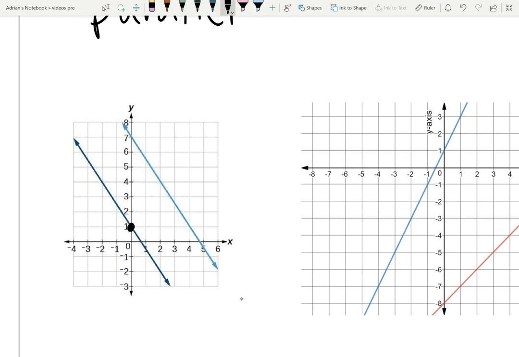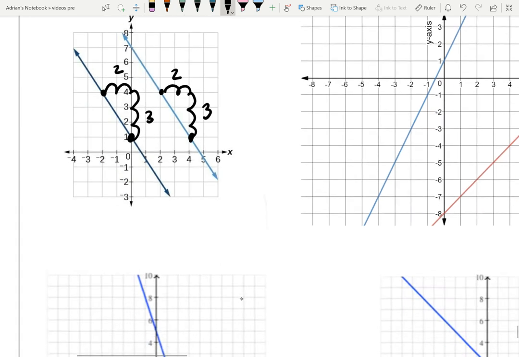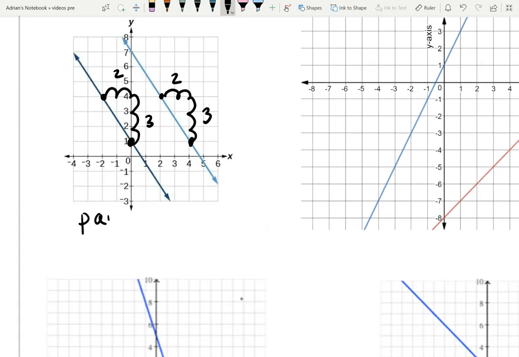I'm going to make some points, and I just want to see if they are actually parallel. So the slope of this one is up 1, 2, 3 over 2. And then I'll find some points on this one, 3 over 2. So they're both 3 over 2. So they are parallel. And they look parallel.